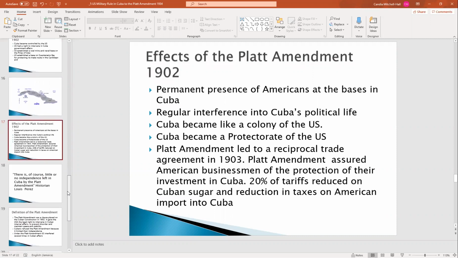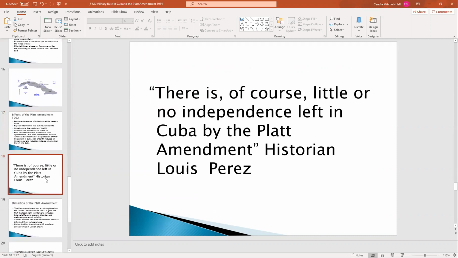In fact, one historian said... somebody, could you read what Luis Perez said for me? "There is little or no independence left in Cuba by the Platt Amendment." Historian Luis Perez said, based on the Platt Amendment, there is no independence.